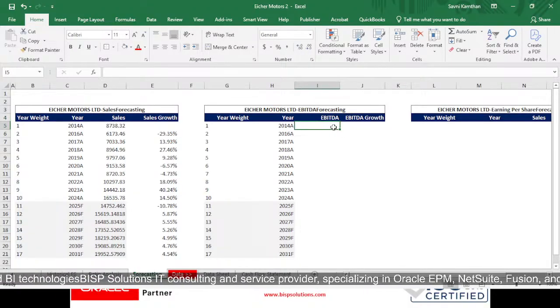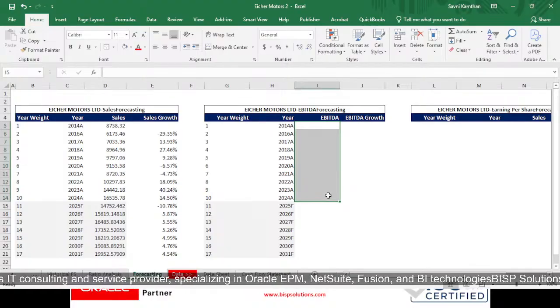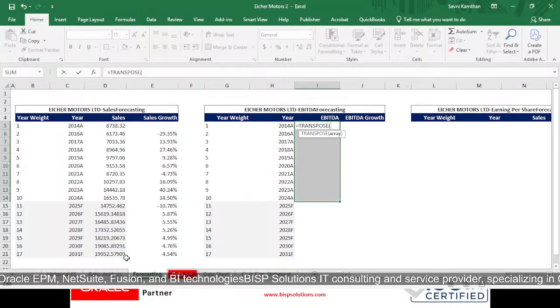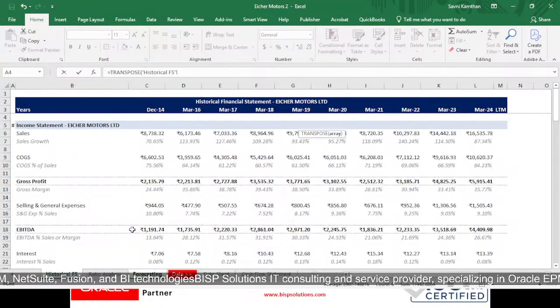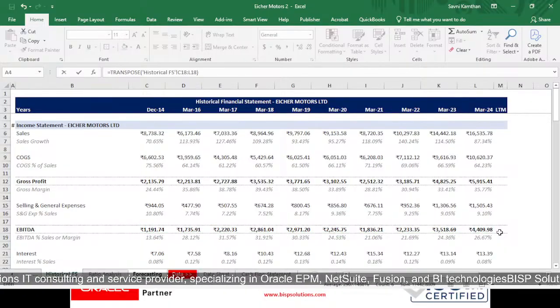Now if I want to take EBITDA, what I will be doing, again I will be selecting the data from 2014 to 2024, and again F2 will be pressed for transposing, and then we will be going to our historical financial statements. Then we will be selecting from December 14 till March 2024, and then brackets close, then Control Shift and Enter.